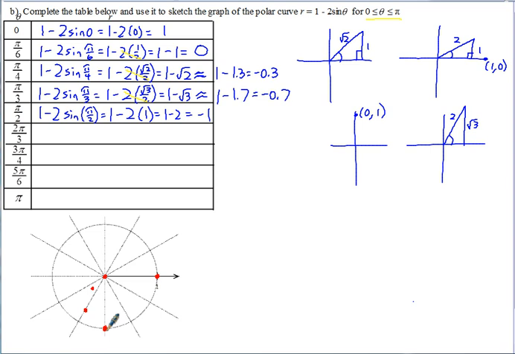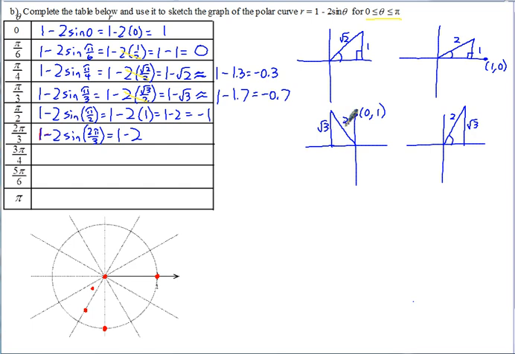So 2 pi over 3. Sine of 2 pi over 3. Well, 2 pi over 3 is over here. Sine is root 3 over 2, just like pi over 3 here. Both are positive there.